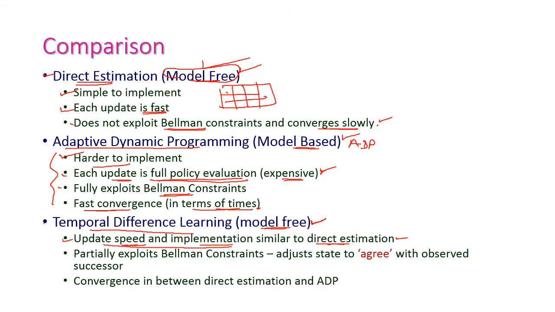It partially exploits Bellman constraints and adjusts the state to agree with the observed successor. So this lies between direct estimation and adaptive dynamic programming, that is, the convergence time lies between the two.